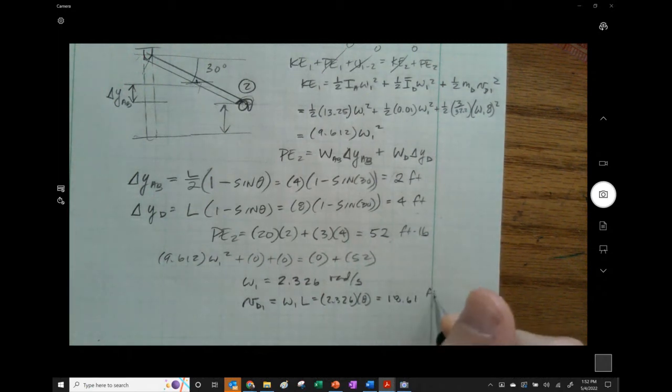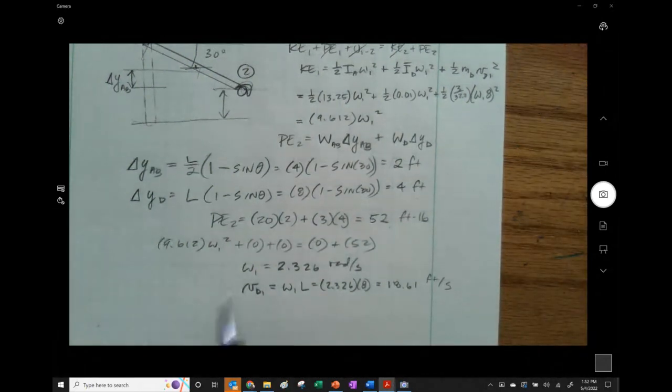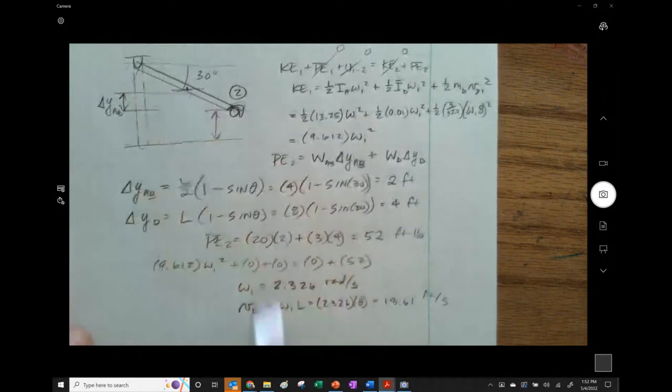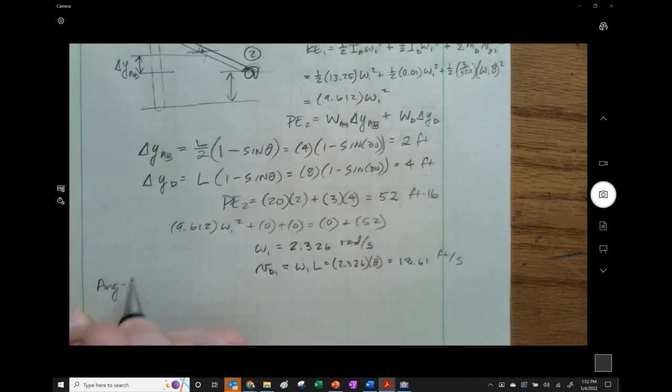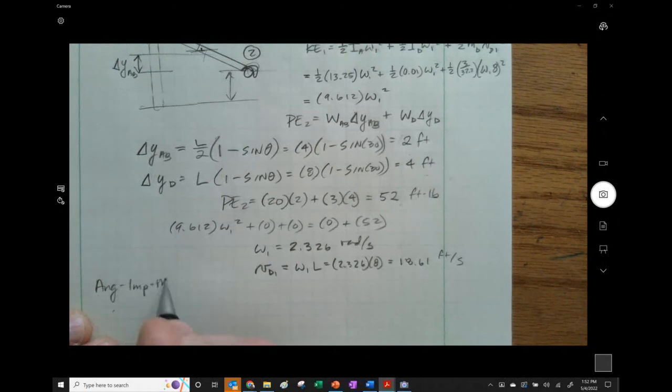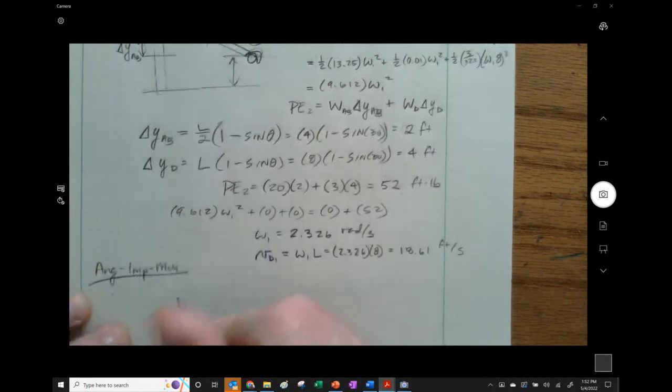18.61 feet per second. Now we know what happens just after the thing has hit. So we do an angular impulse and momentum.